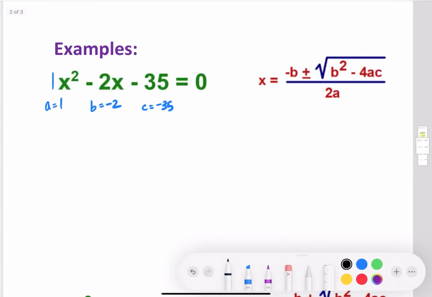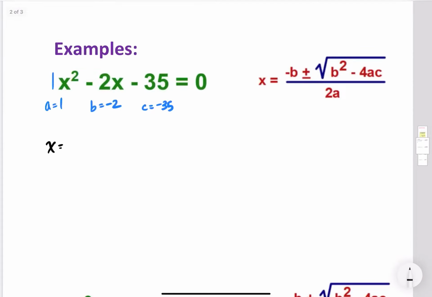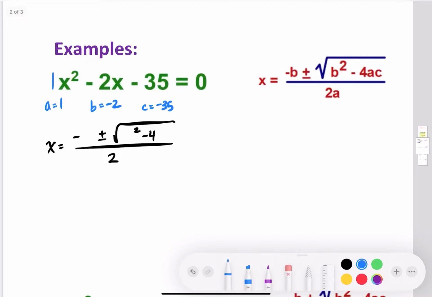Now I'm going to copy this formula here, and instead of writing in my a's, b's, and c's, I'm just going to write in everything that I need. That's not going to change. So I have negative b plus or minus the square root of b squared minus 4 times a times c all over 2a. This is basically the skeleton of our formula, and all we have to do is substitute the information that we have.